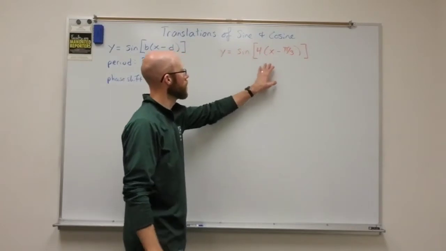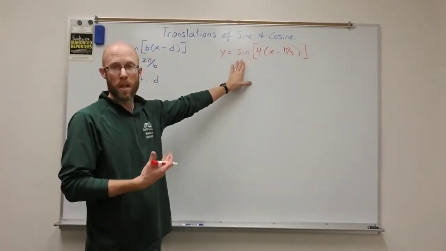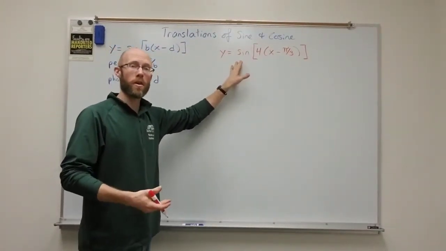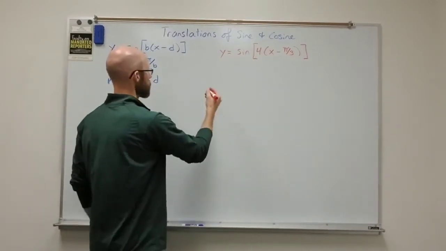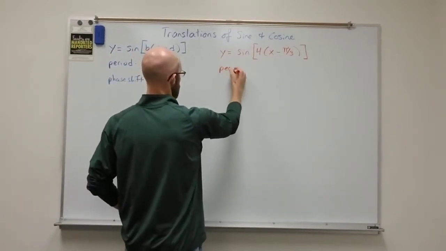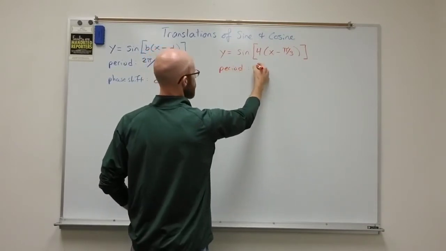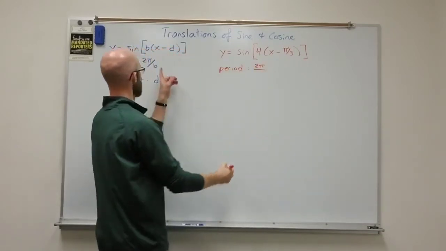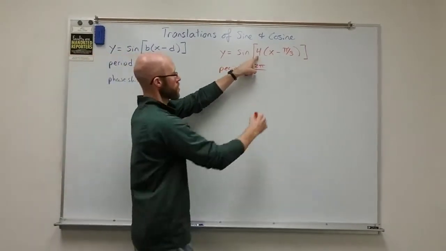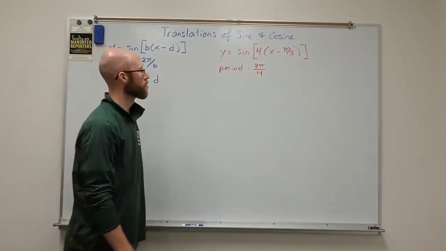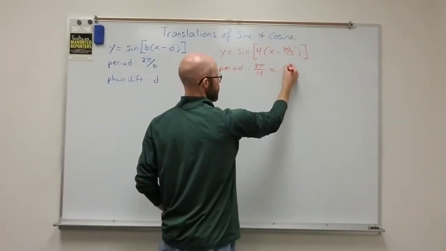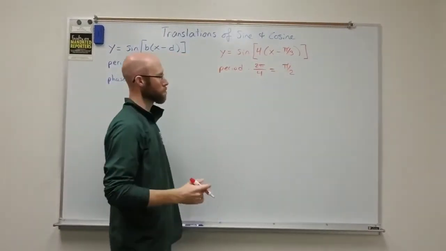Okay, so here, I want to try and plot the graph of this. I need my 5 key points. I need to know my period, my phase shift, all that stuff. Well, the first thing I'm going to do is look for the period and the phase shift. The period is 2 pi over the b value, which is this multiplier on the outside there, the 4. Well, 2 pi over 4 reduces down to pi over 2, so that's our period.